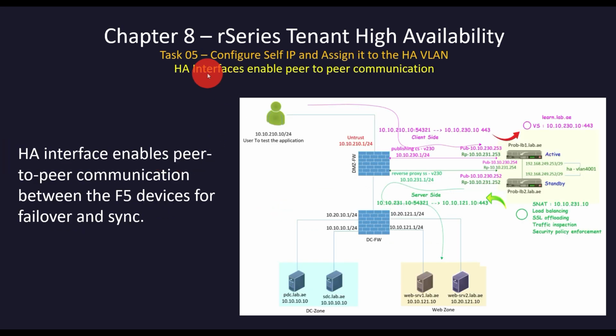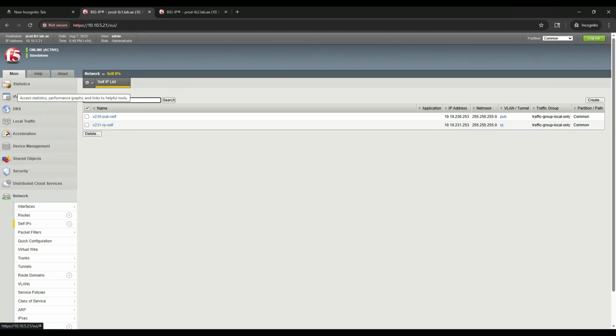Task 5. Configure self IP and assign to the HA VLAN. The HA interface enables peer-to-peer communication between the F5 devices for failover and config sync. To configure the HA self IP in prod LB1, log into prod LB1, then navigate to Network, then navigate to Self IPs.